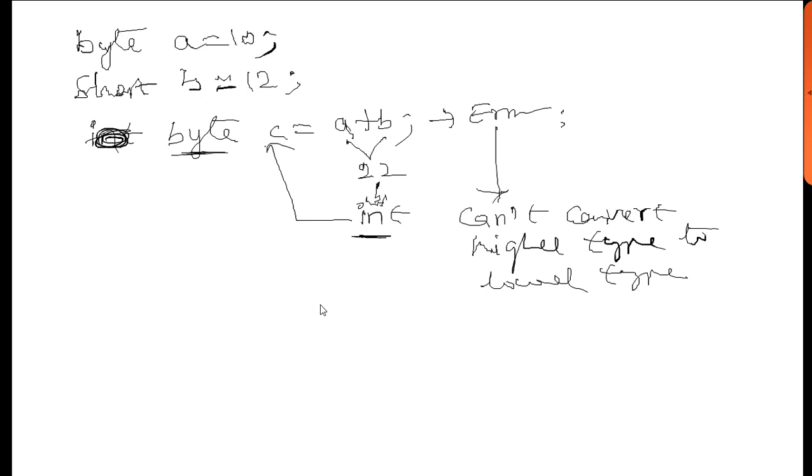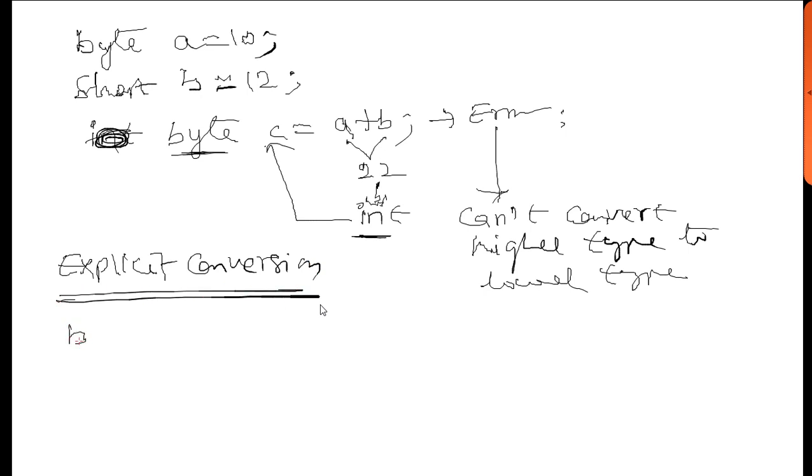How are you going to solve this particular problem? We can solve this problem by using explicit conversion. How? Let's say byte c is equal to, I can write byte of, the destination variable data type. The c data type is byte.